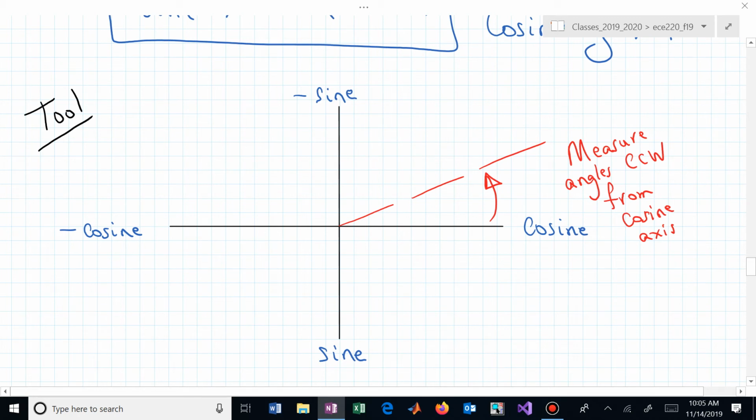And now, if that cosine has a phase shift, I'm going to introduce that phase shift in degrees relative to the positive real axis, or the positive cosine axis. So if I had cosine of 2t plus 45 degrees, I would just say, that's plus 45 in a counterclockwise direction relative to the positive cosine axis.